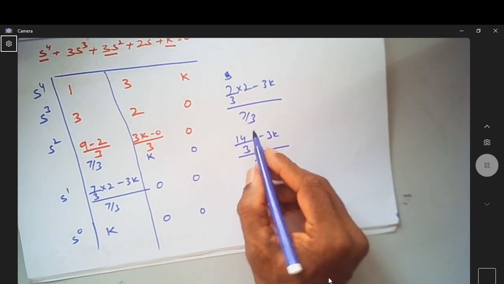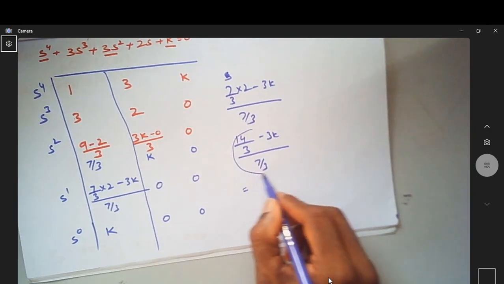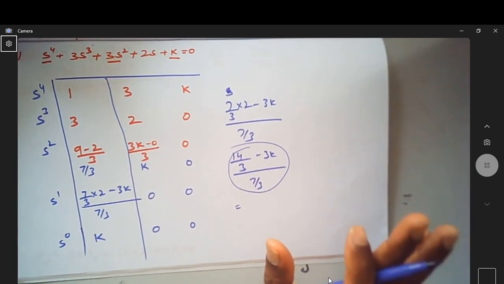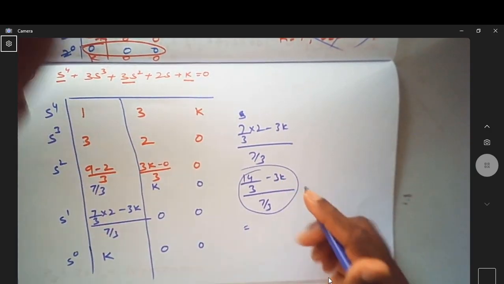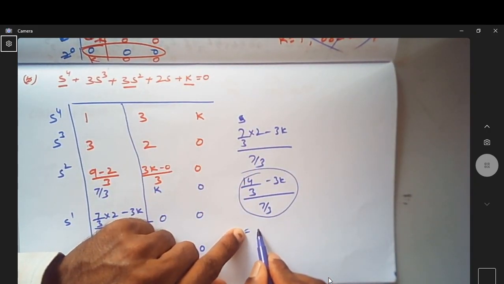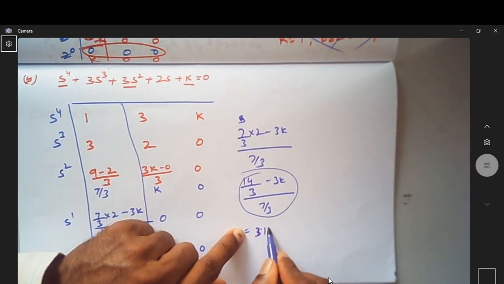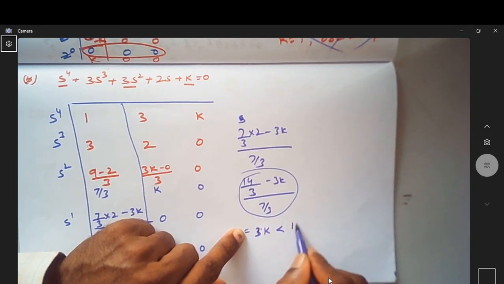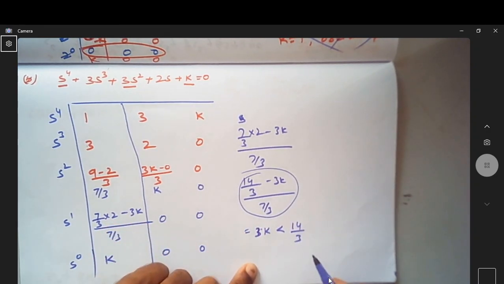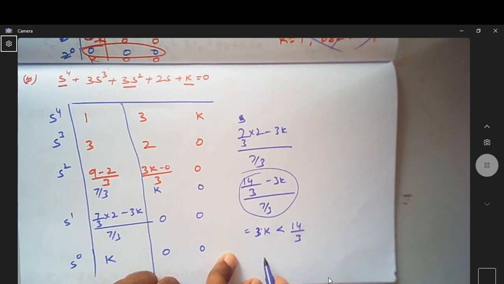Now, how long will this be positive? This will be positive as long as 3k is less than 14 by 3, correct? Or k is less than 14 by 9.